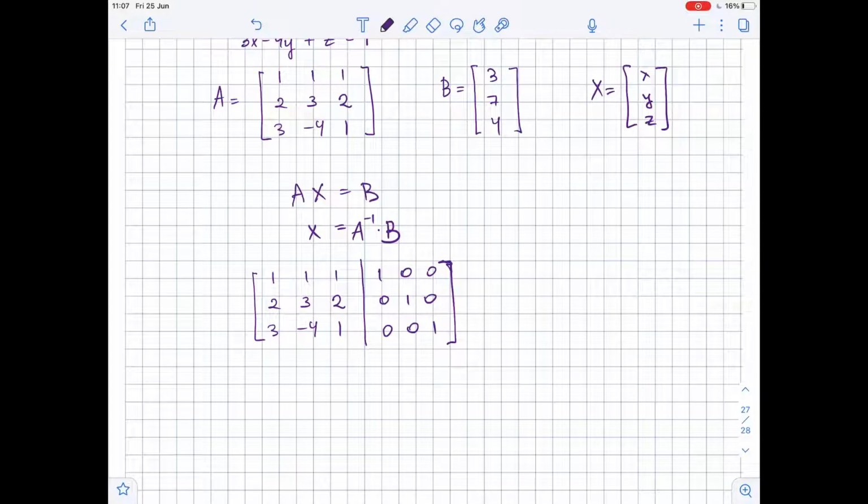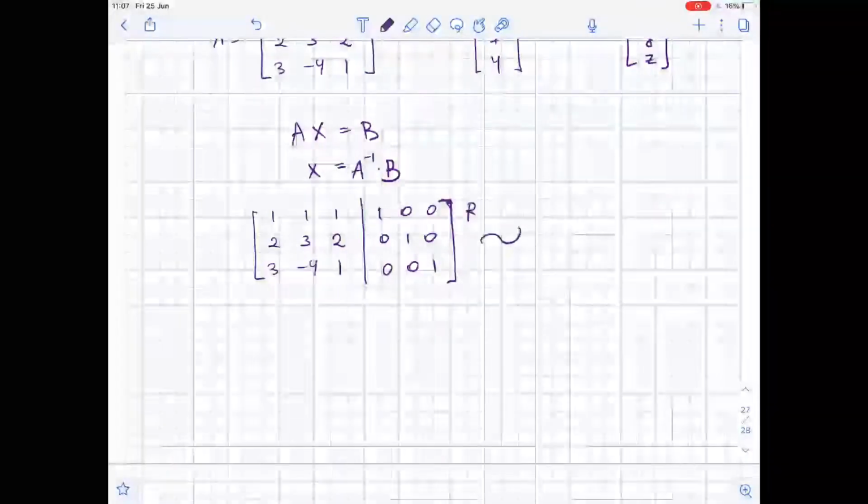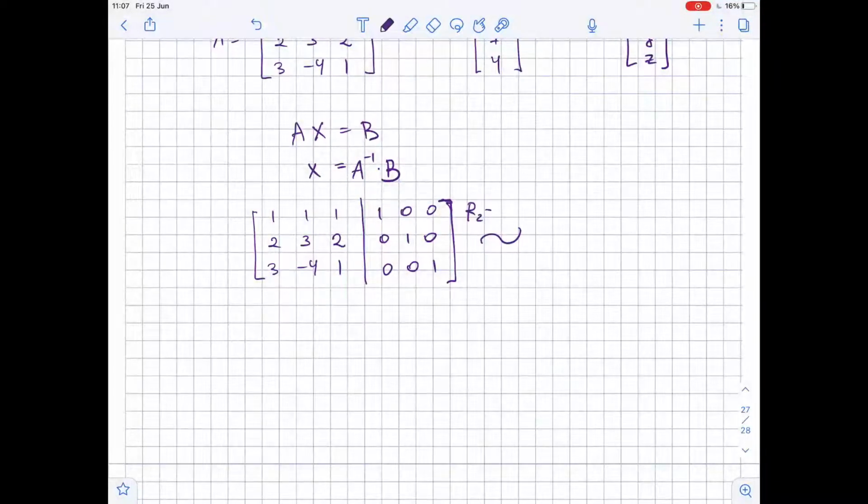Now we will apply some elementary row operations. Let's start by multiplying the first row by 2 and subtracting it from the second row. So R2 becomes R2 minus 2R1.